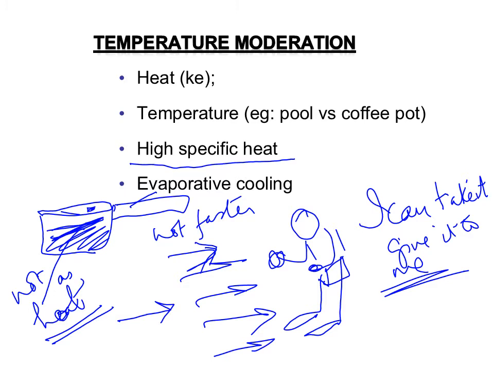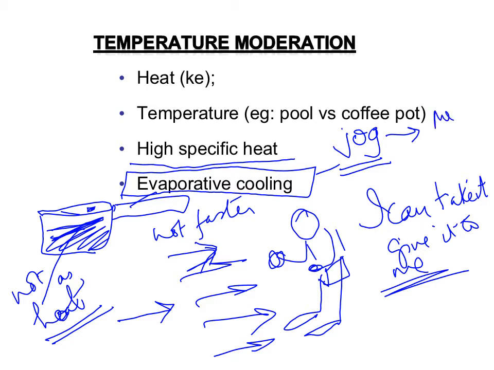That's what it means. There is also another term that you need to understand with respect to temperature moderation, that is evaporative cooling. The best way to understand this is if you have gone on a jog and then you come back. Your metabolism is very high and your body is all heated up.